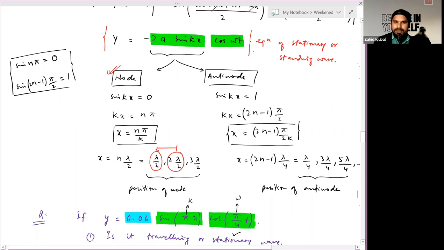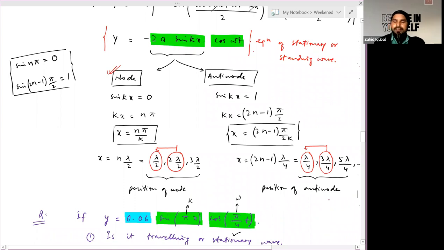So just subtract these two parts, you will get lambda by 2. It means distance between any two consecutive nodes will be lambda by 2. Similarly, if you have to calculate for antinode, this will be first antinode and this will be second antinode. Difference of these two terms will be again lambda by 2.